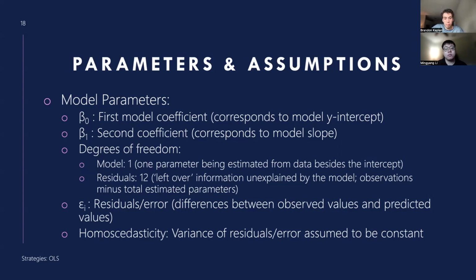These are assumed to be independent through time. That is, the residuals from one window are not correlated with the residuals from another. We're also going to assume homoscedasticity of the residuals and errors, meaning that their variance across time is assumed to be constant. These are pretty critical assumptions that underlie OLS, and in order for OLS to be somewhat useful or informative for decision-making, these need to be fulfilled.